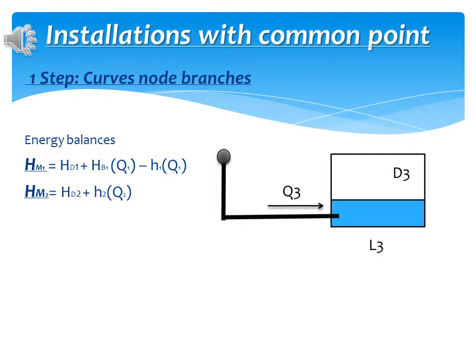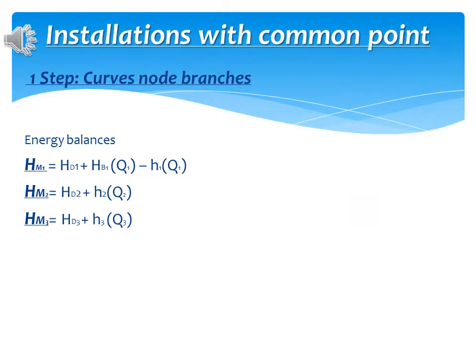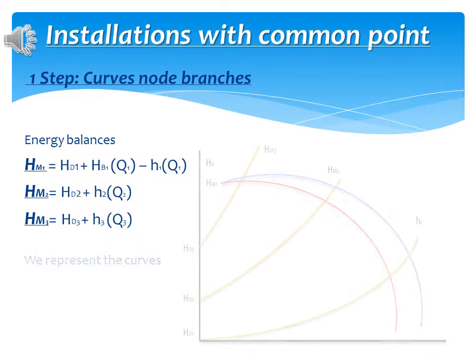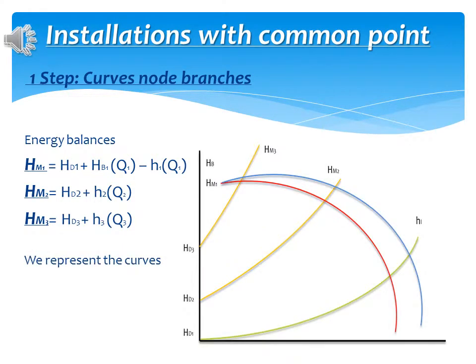And the last part will be from the node to tank 3. Applying the energy balance gives that the height of the node is equal to the height provided by tank 3 plus losses. Once the balances are made, along with the pump, we represent the equations.